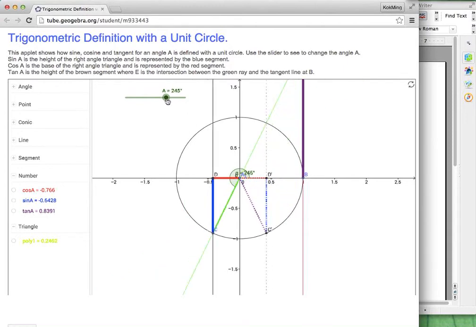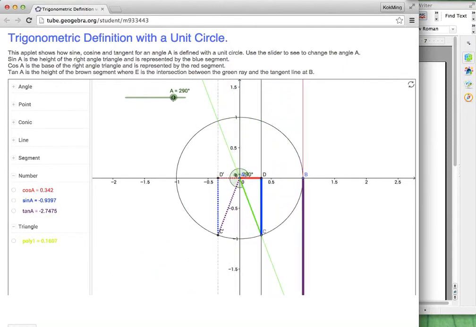But if you keep on increasing past 270 in the fourth quadrant, then the base now is here. So the base is positive. So for cosine of 290 degrees, the cosine here is positive. And this is the same here as this angle, all right? This is 290. That means this is 270 plus 20 here. 270, 20, here must be 70 left.